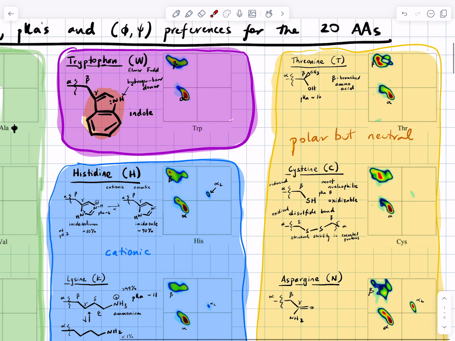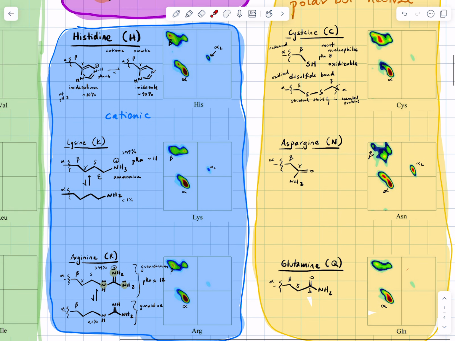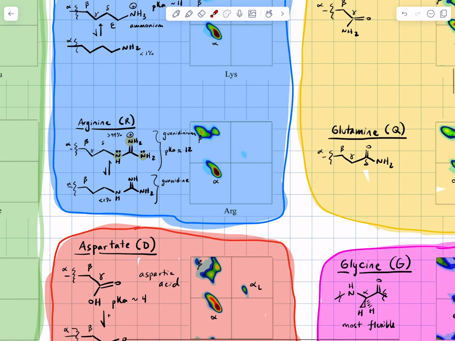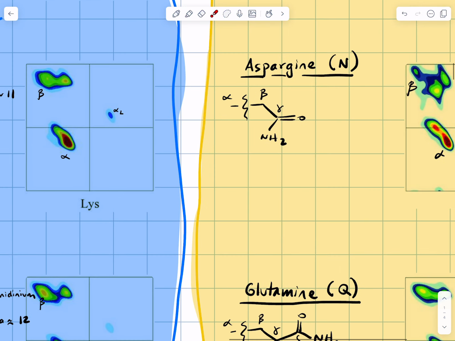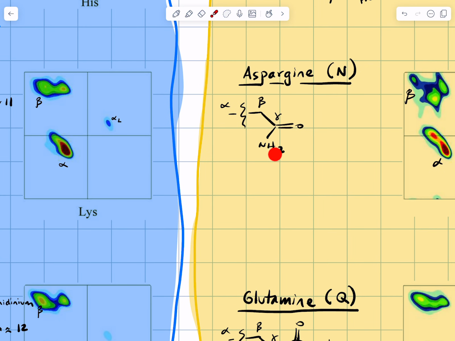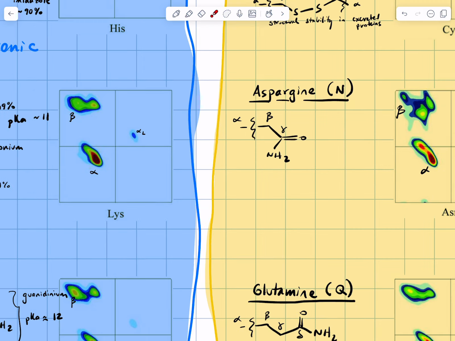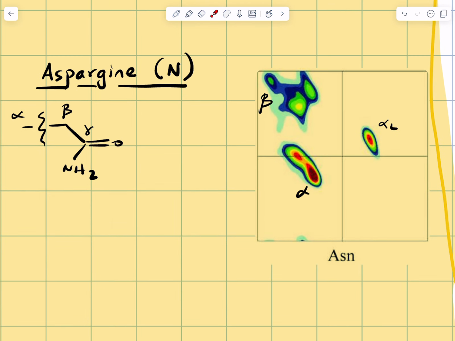Okay, two more in the list of polar but neutral. These are related to aspartic acid and glutamic acid. They have the same shape, only the OH of aspartic acid is replaced with an NH2 for asparagine. That's why the names are similar, aspartic acid and asparagine. Asparagine has an amide instead of a carboxylic acid. The one-letter code is N. Asparagine, like aspartic acid, opens itself up to more dihedral angle options in the right-hand side of the Ramachandran plot.